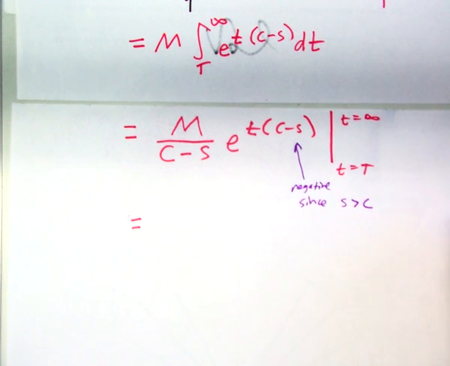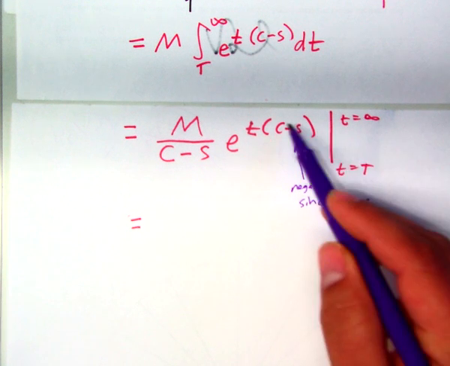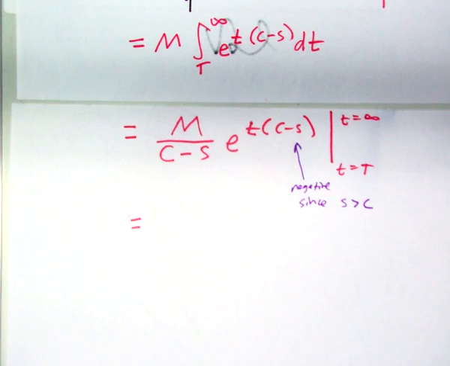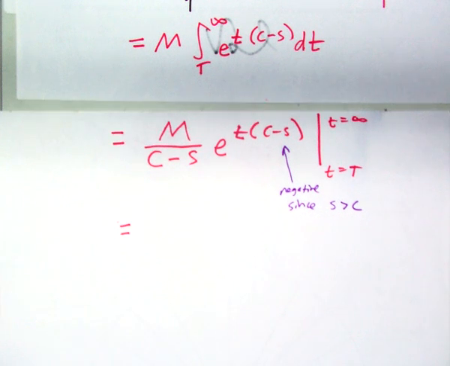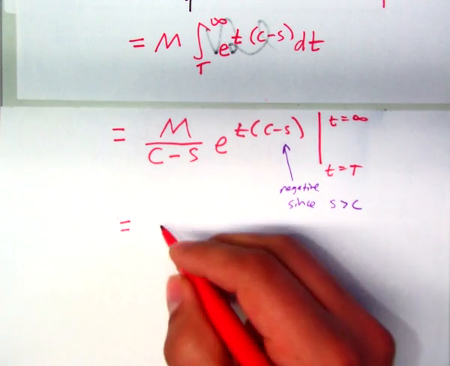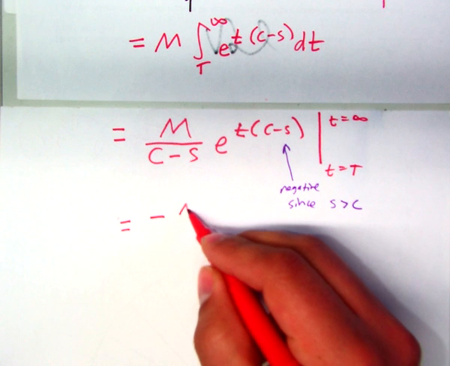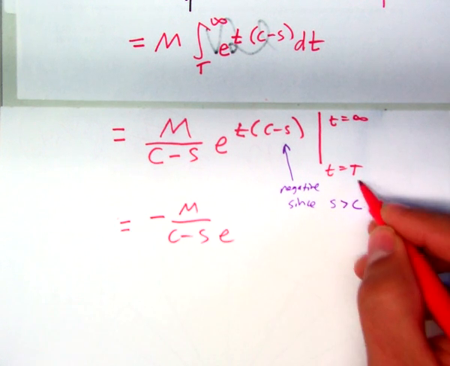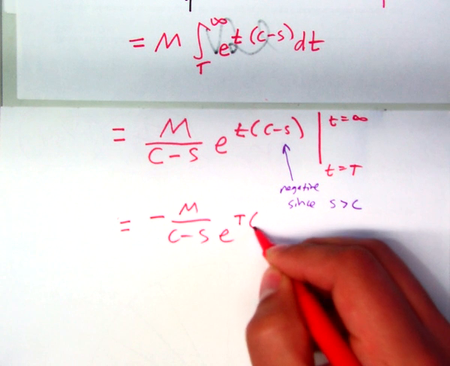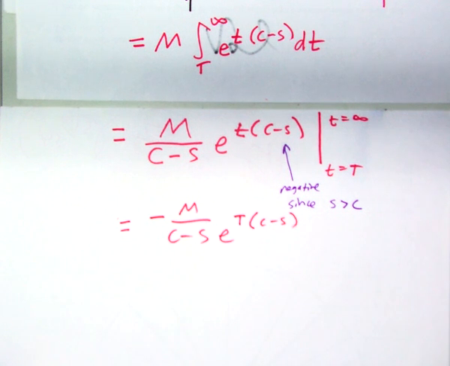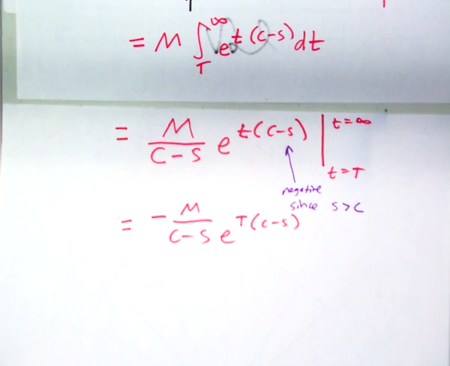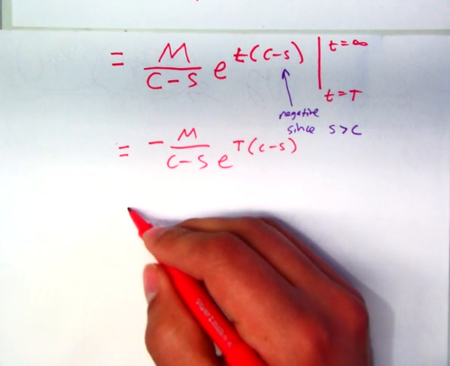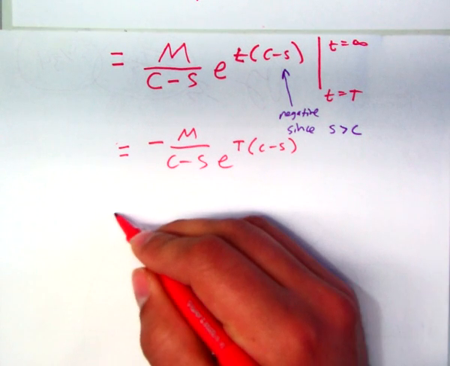So when you do the limit as t goes to infinity, this becomes a negative exponent, so this goes to 0. So then all that's left is the second part, which is just minus M over c minus s. And now we just plug in capital T into t. So we have an actual value for this, which means that the integral converges.